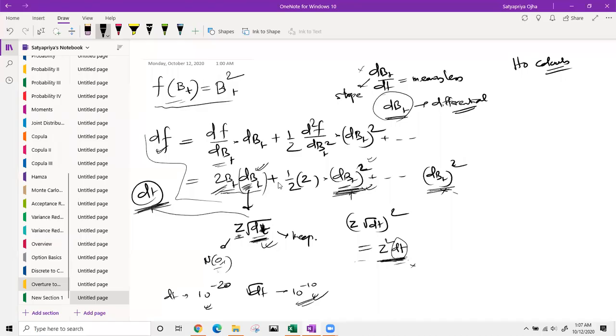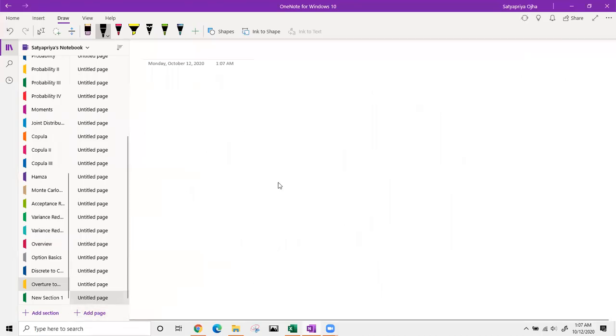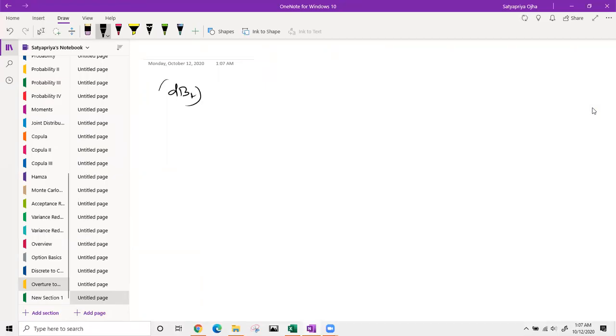So let's look at this particular quantity in a little more depth. We said that dbt square cannot be ignored because the order is dt. That's fine. And this is nothing but z square dt. It looks random because z is a random quantity, standard normal.